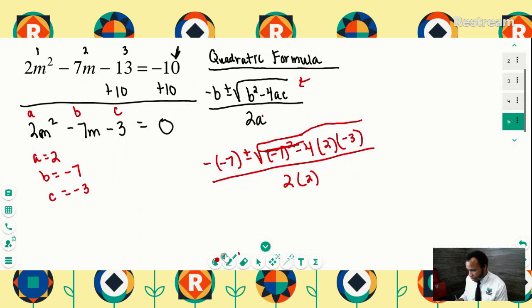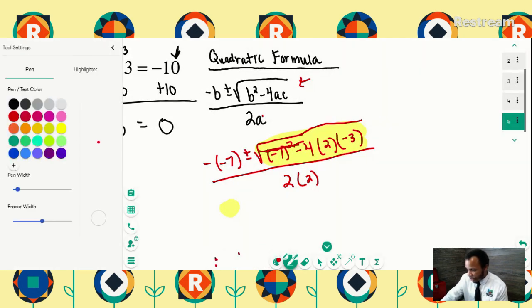Let me get this highlighter right. There you go. All right, so we're going to work with this part under the highlighter first. So under the radical, we have (-7) squared minus 4 times 2 times -3.